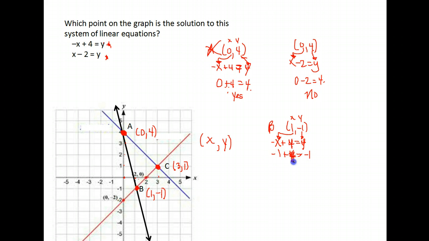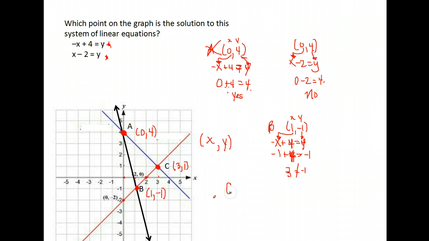Is it true that negative 1 plus 4 equals negative 1? No, negative 1 plus 4 is 3, which is not equal to negative 1. So point B did not work for our first equation. It didn't work for one of the equations, so it cannot be the solution to both of them, which is what it has to be.